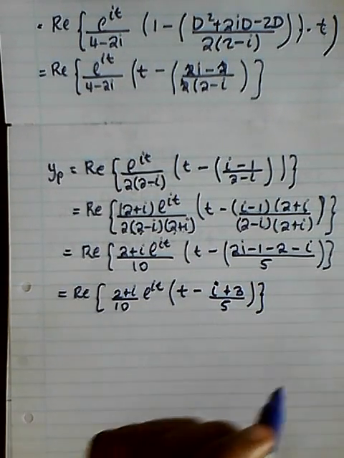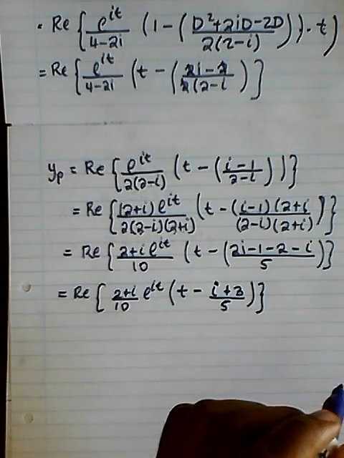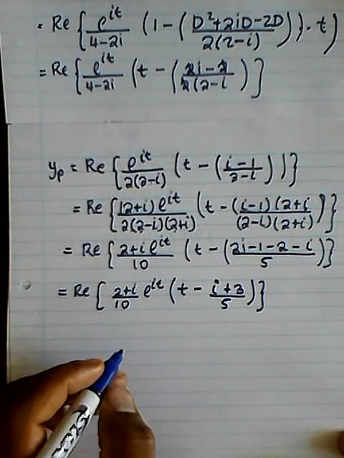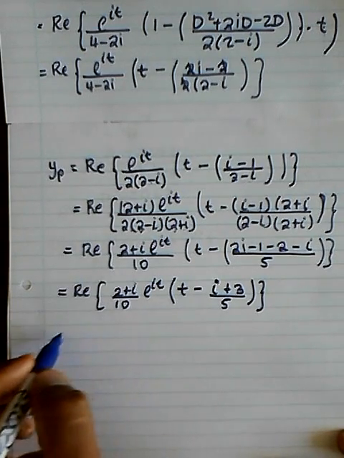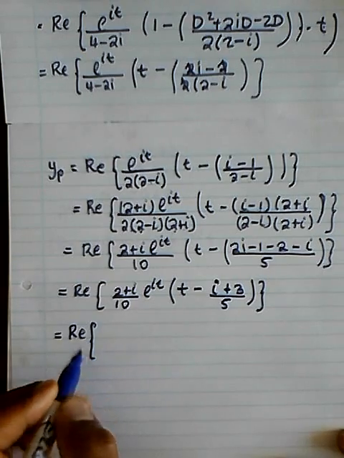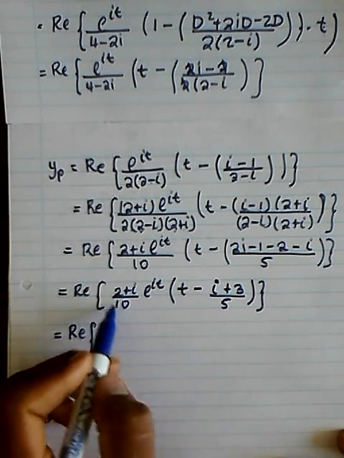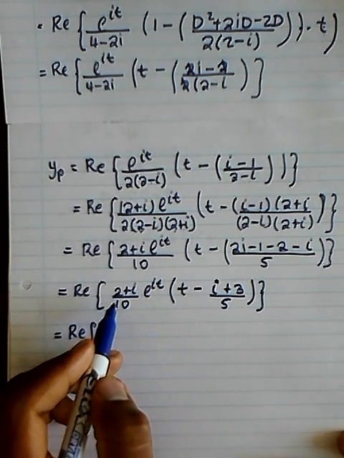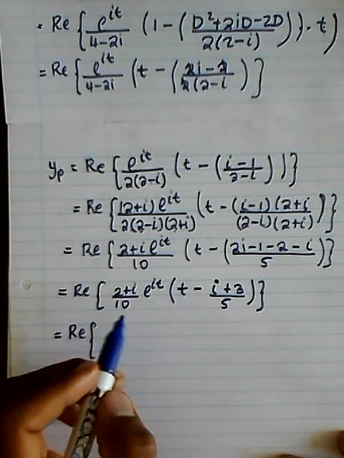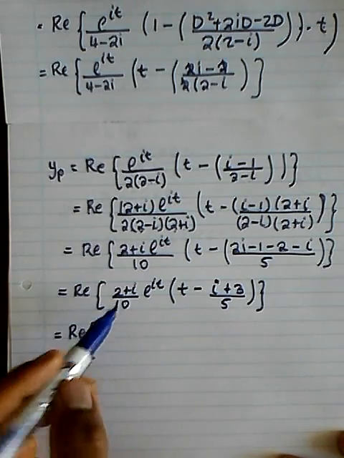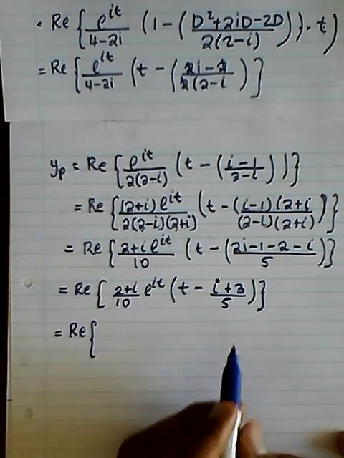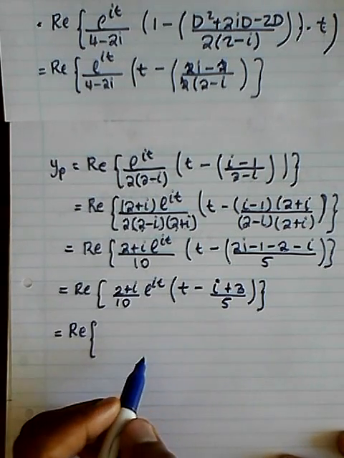Going forth, I'm just going to multiply everything here, so we're going to get the real part of, after simplifying this thing here and then multiplying by t, something like this.